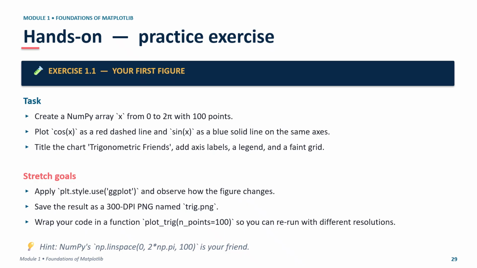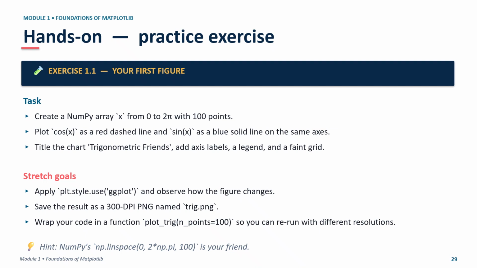At step 1, you are supposed to create 100 evenly spaced x values from 0 to 2 pi, so x = np.linspace(0, 2*np.pi, 100), because we have to create 100 evenly spaced points, right? And why 100 points? More points, smoother curve. With 10 points the sine wave looks jagged, but with 100 it looks smooth.